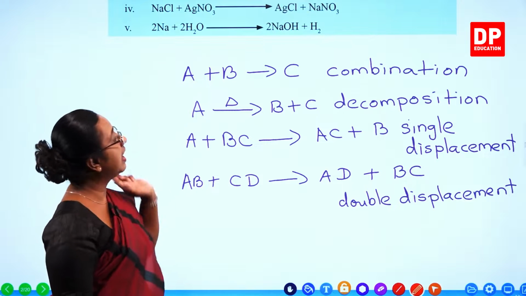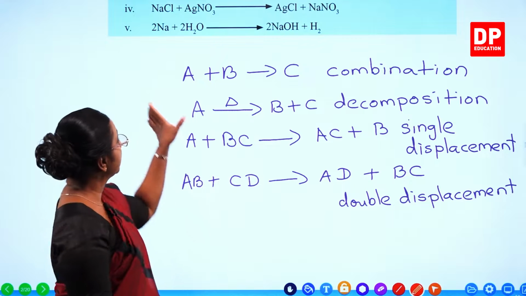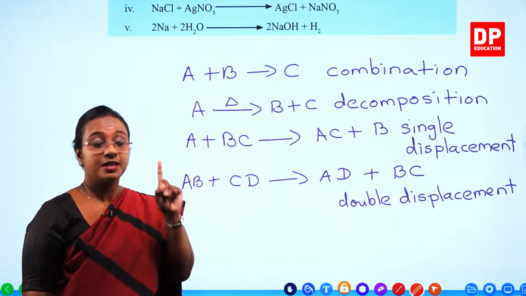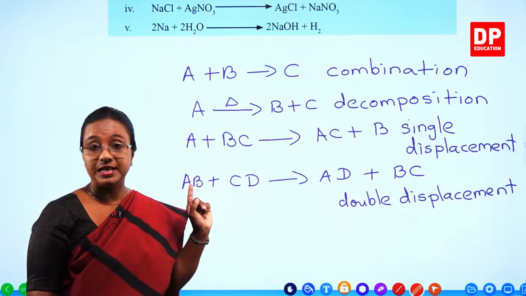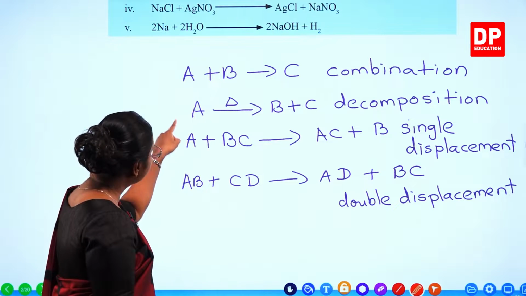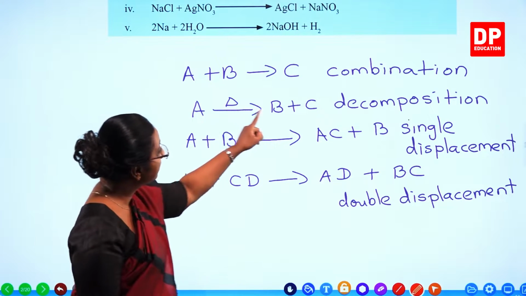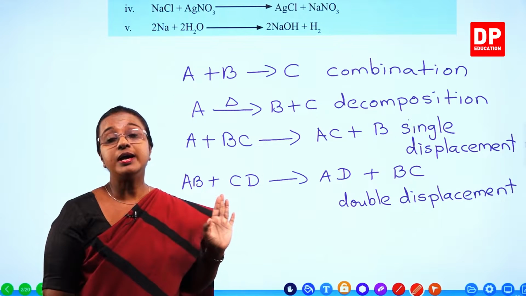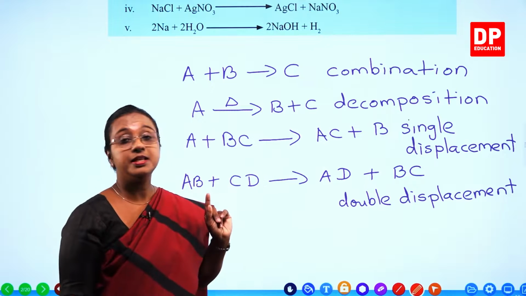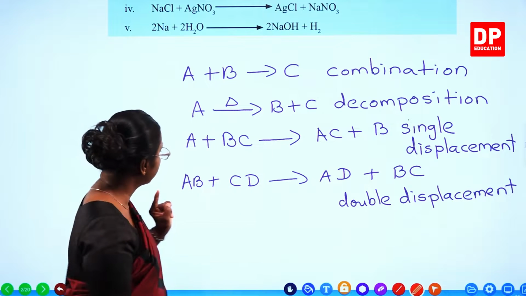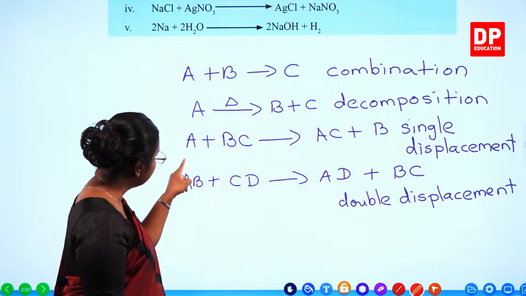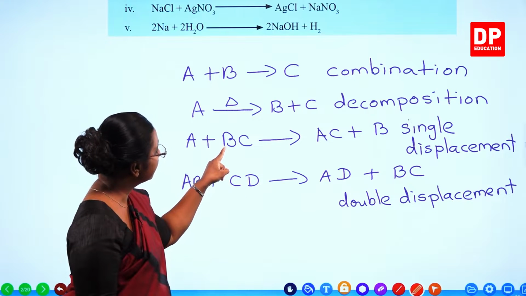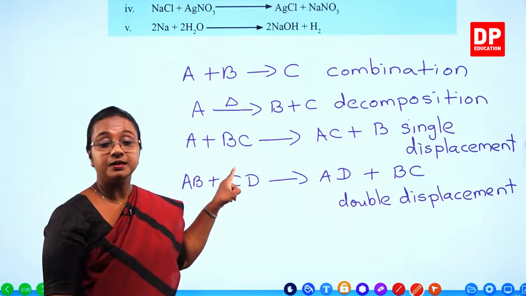So you have either elements or compounds, they combine together and form only one product. That is a chemical combination reaction. If you have one compound that decomposes, separates into again compounds or elements, that is chemical decomposition or decomposition reaction. You have an element and a compound, and this element displaces another element from the compound.